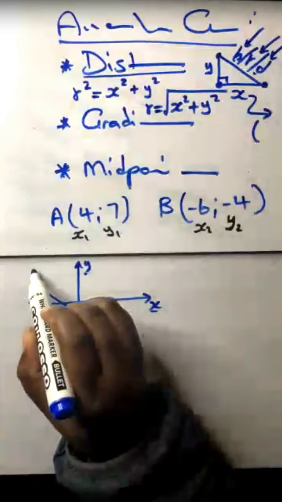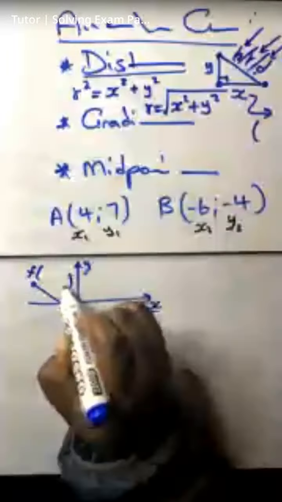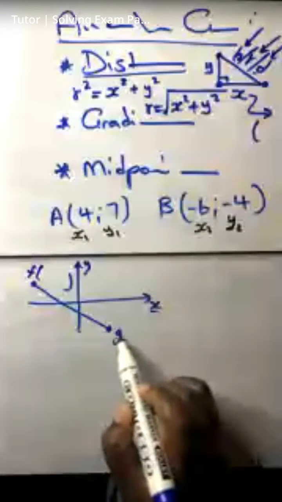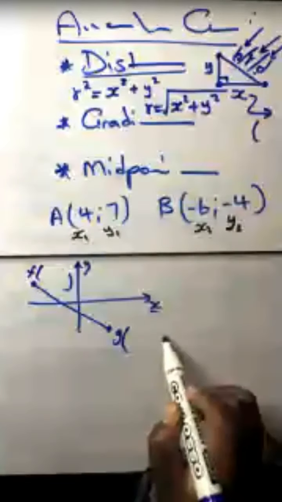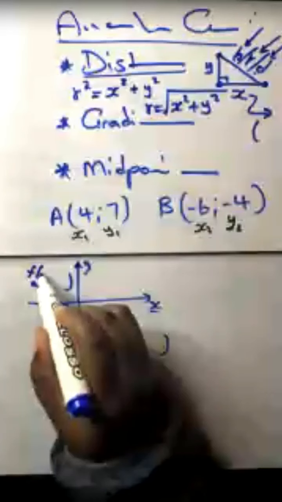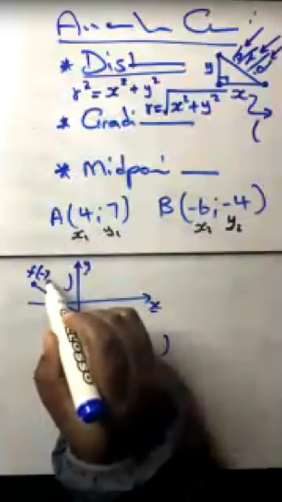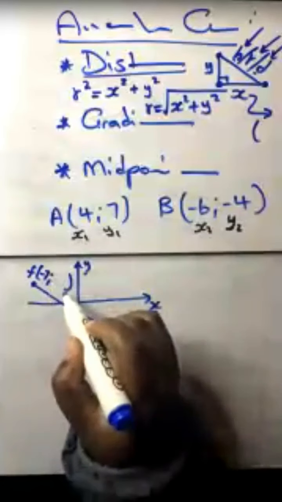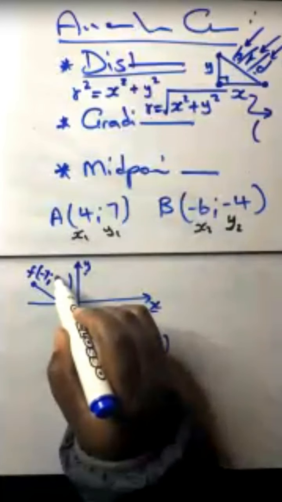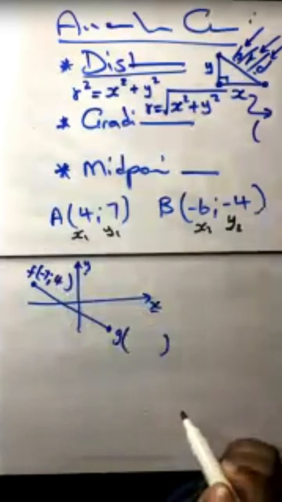Let's say this is point F, this is point G. Your x value there, let's say it's -7, and your y value there is +4.